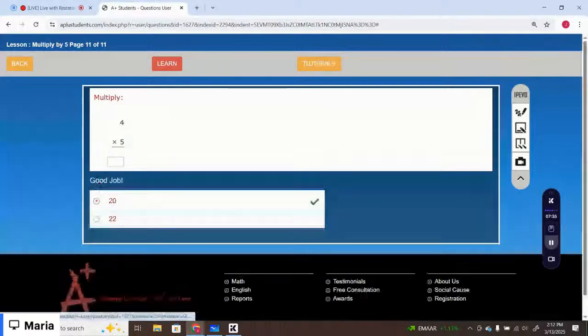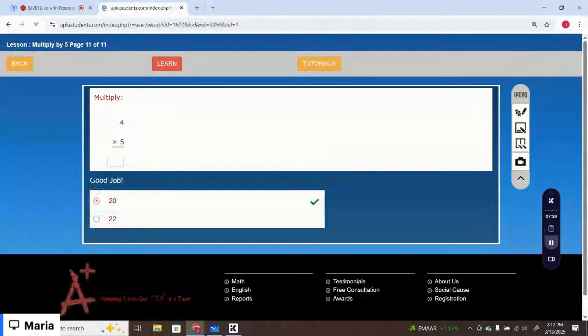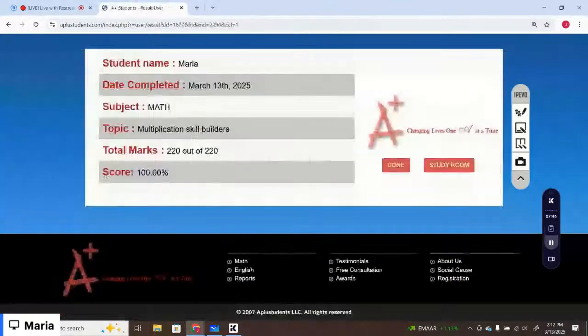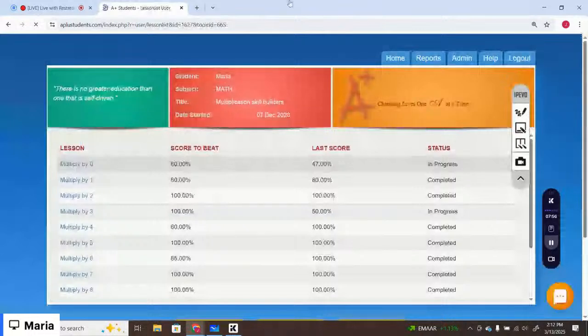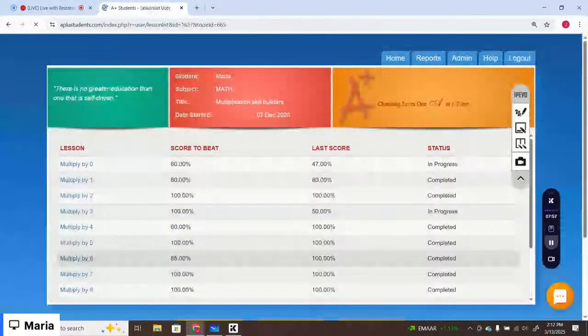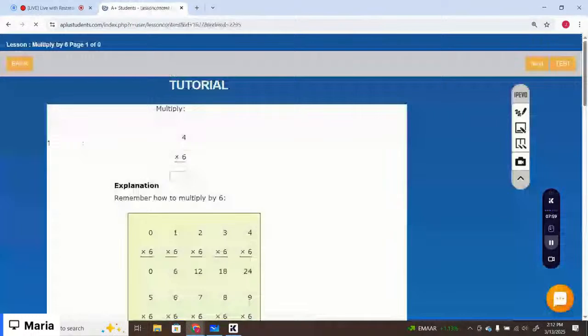We are done with the lesson. Let's move on to the next lesson. The next lesson is multiply by 6. Now we're going to learn how to multiply by 6.